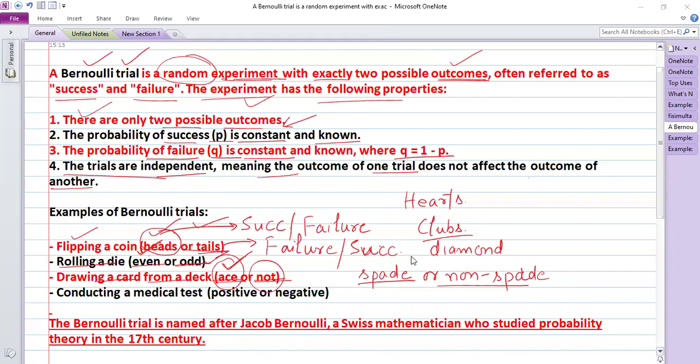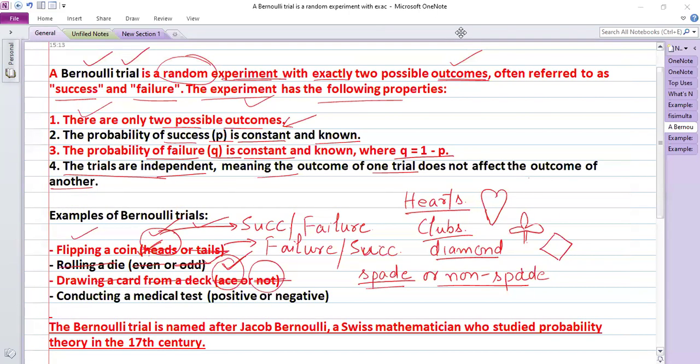So there are four suits in case of cards. One is hearts, another is clubs. Hearts are of this type, obviously, and they are red colored. Club is like this, it is black colored. Then diamond is with this suit, and spade.